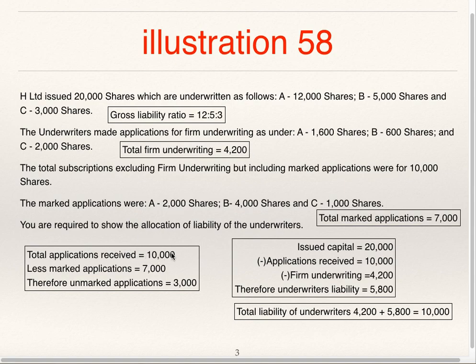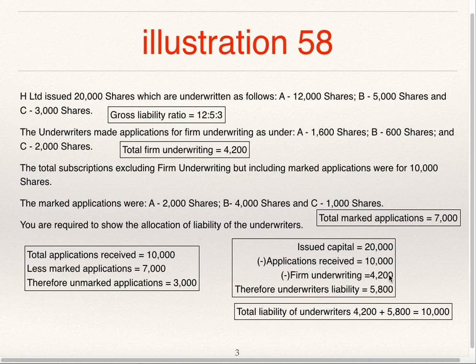See, total applications received 10,000 less marked applications. Just now we have seen marked applications are 7,000, unmarked applications are 3,000. Issued capital 20,000, applications received 10,000 minus firm underwriting 4,200. Therefore, underwriters' liability 5,800.